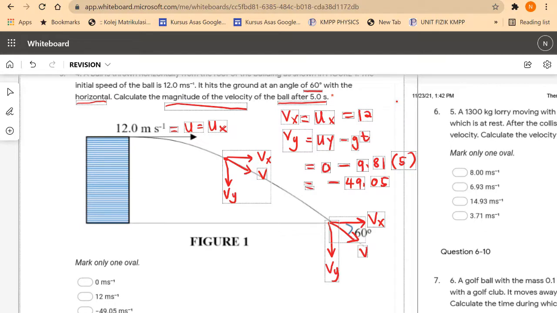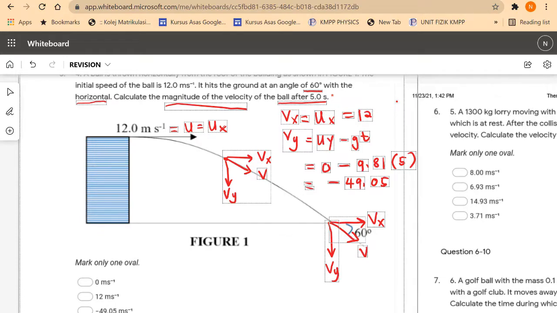Vx is 12 and Vy is negative 49.05, squared, then square root the answer. So you're going to have V equals 50.50 meters per second. So the answer is D.